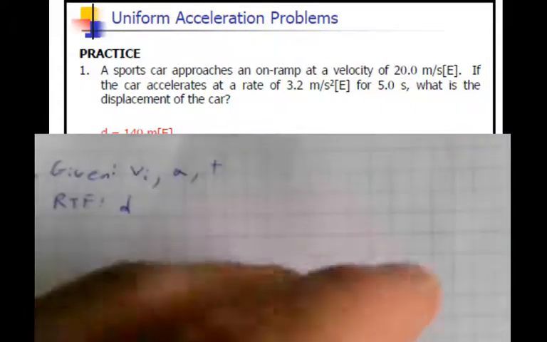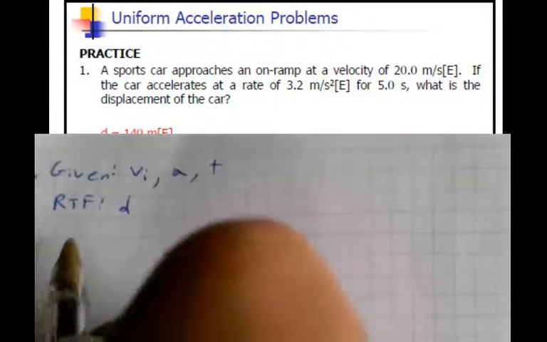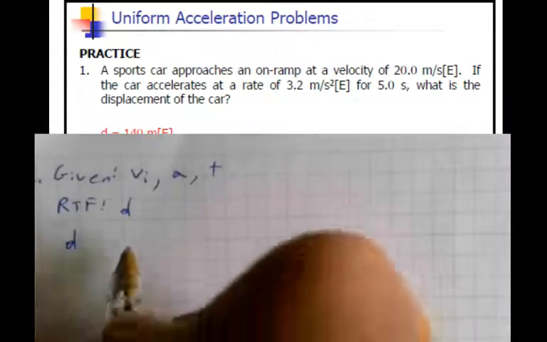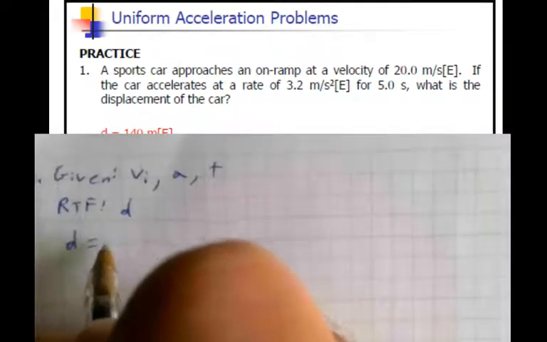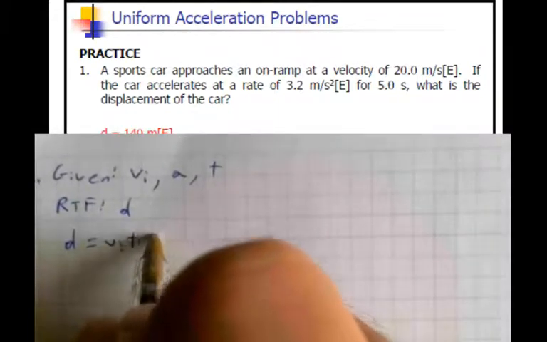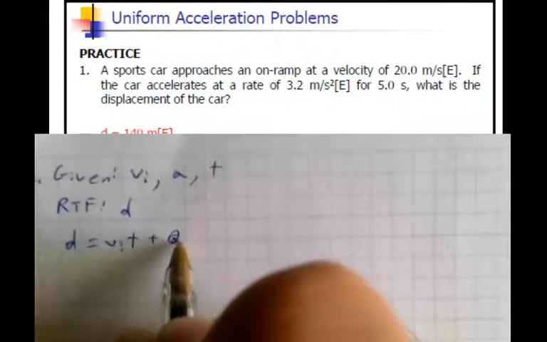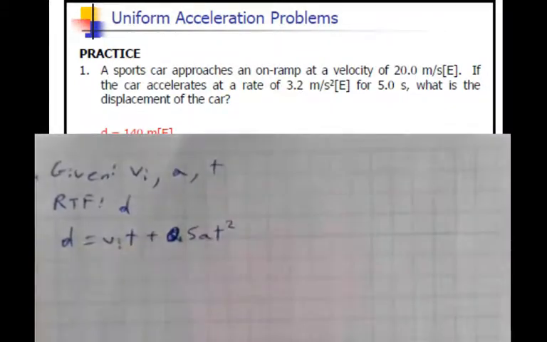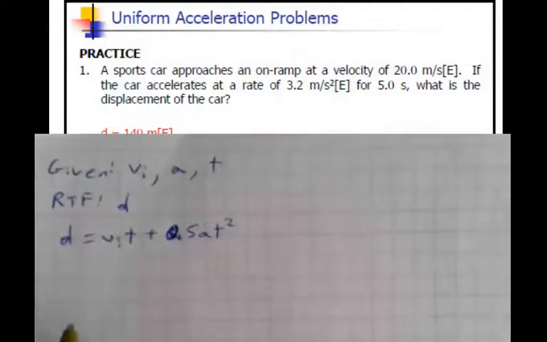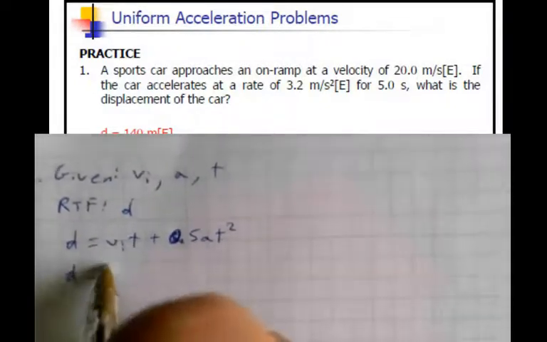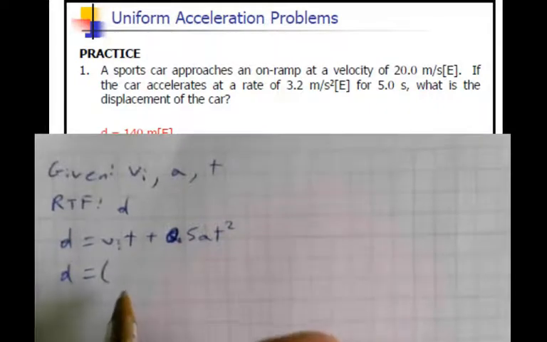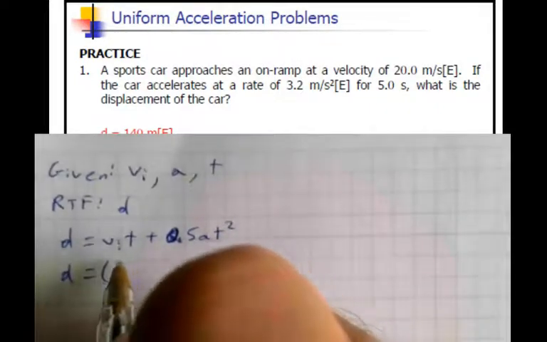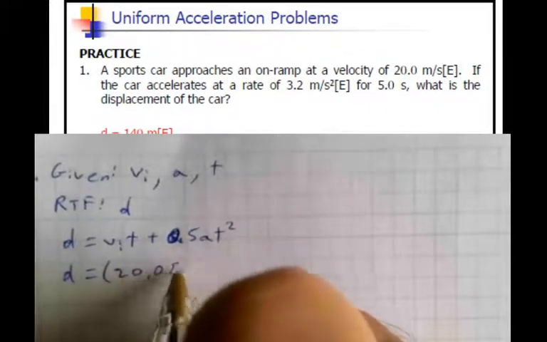So we'll need to use that second equation, which is D equals VIT plus 0.5, sometimes it's written as a half, AT squared. I'm going to show my substitution with brackets. So VI in this case is 20.0 east.